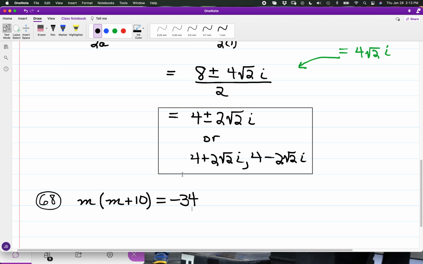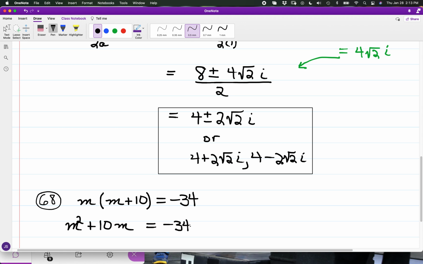So what I'm going to have to do here is to untangle what is present in 68 and remove the parentheses. So I'm going to multiply the expressions I have in m. So we're distributing m over the quantity of m plus 10. So this will be m squared plus 10m is equal to negative 34.